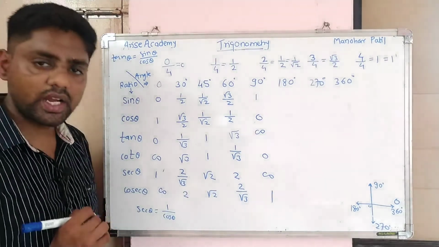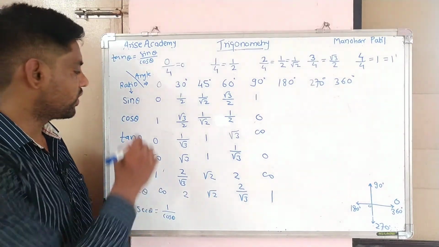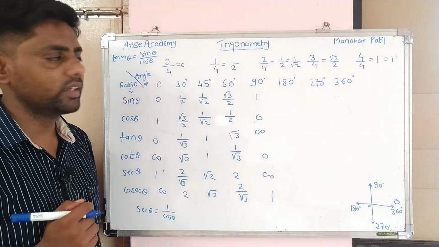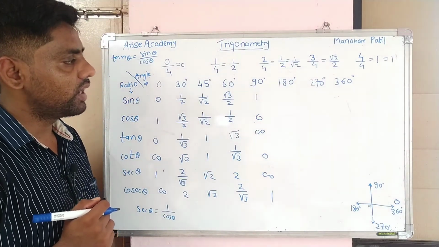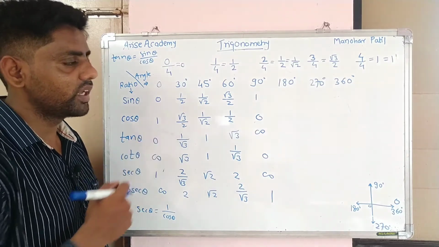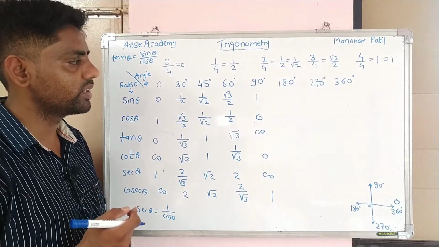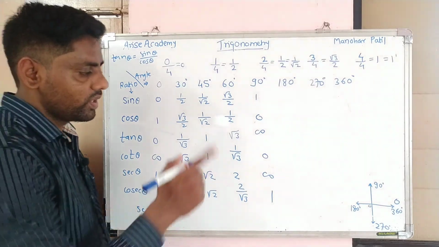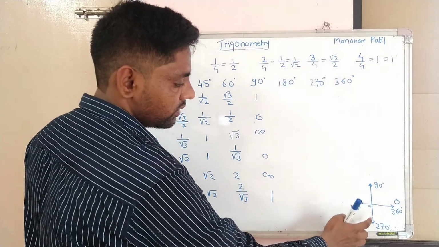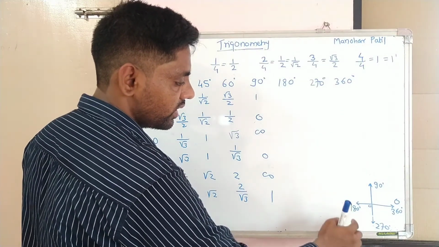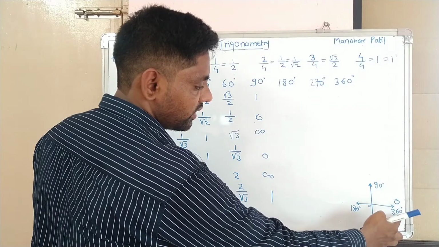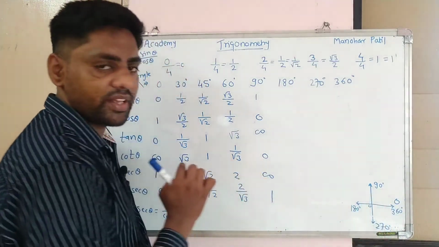In such a way you find the values from sin theta to cosec theta up to 90 degrees. Let's see how to find the values for the remaining angles, that is 180 degrees, 270 degrees and 360 degrees. We learned about the quadrant system. We learned that 0 degrees and 360 degrees lie on the same axis.